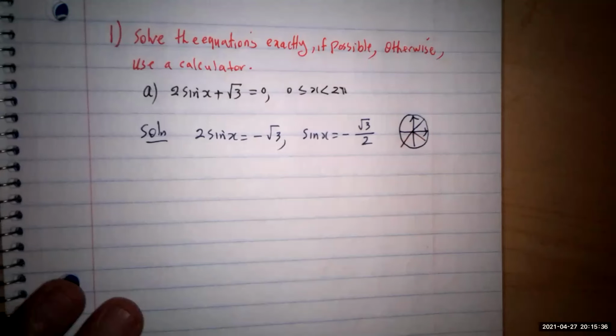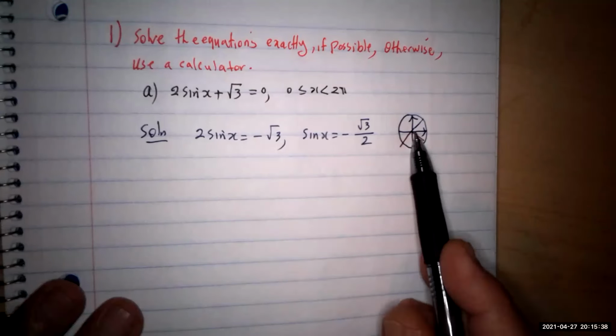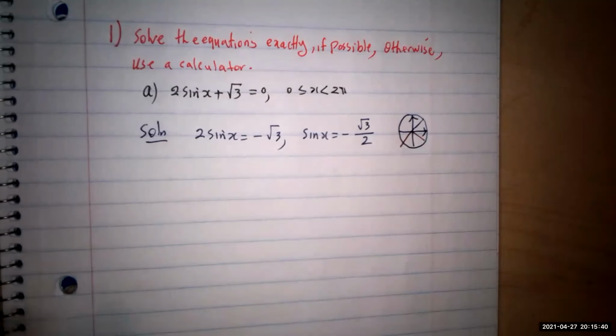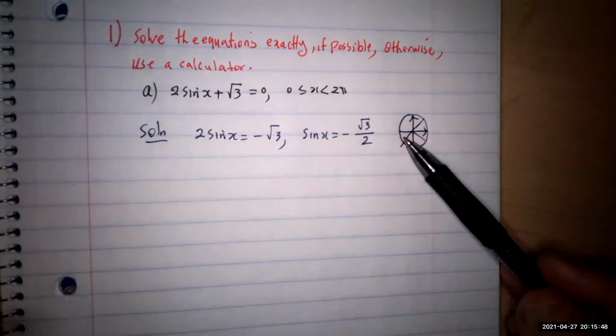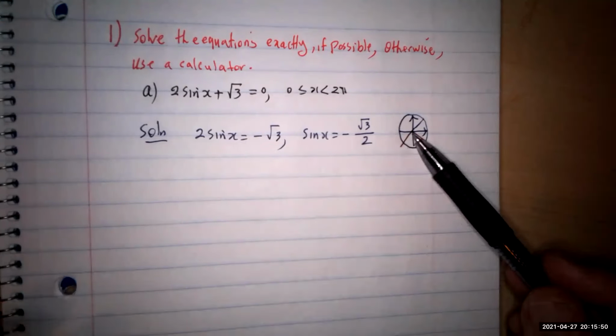Then we need to have it over here. So we have to add to get this number. It's 60 degrees, so we have to get it in these two parts. So 60 plus 180, this is going to be 240.